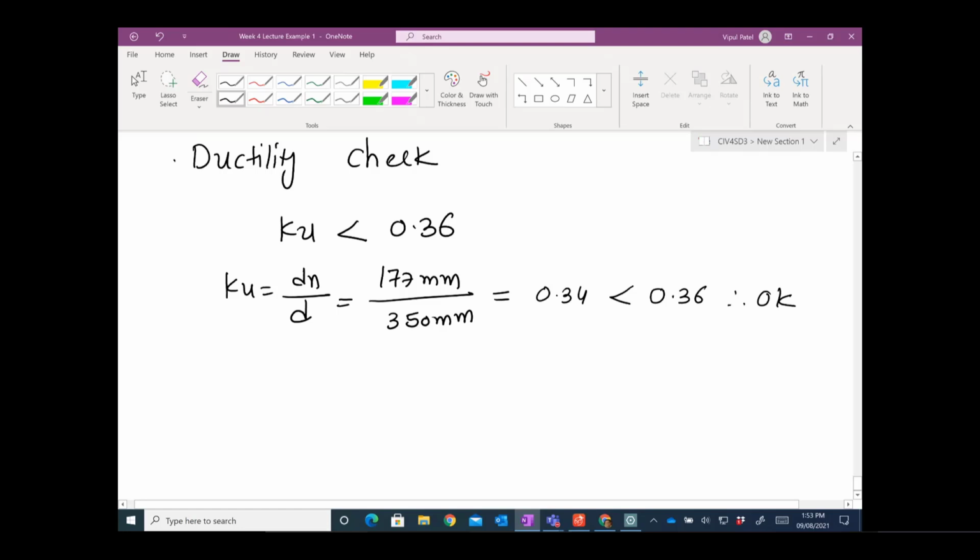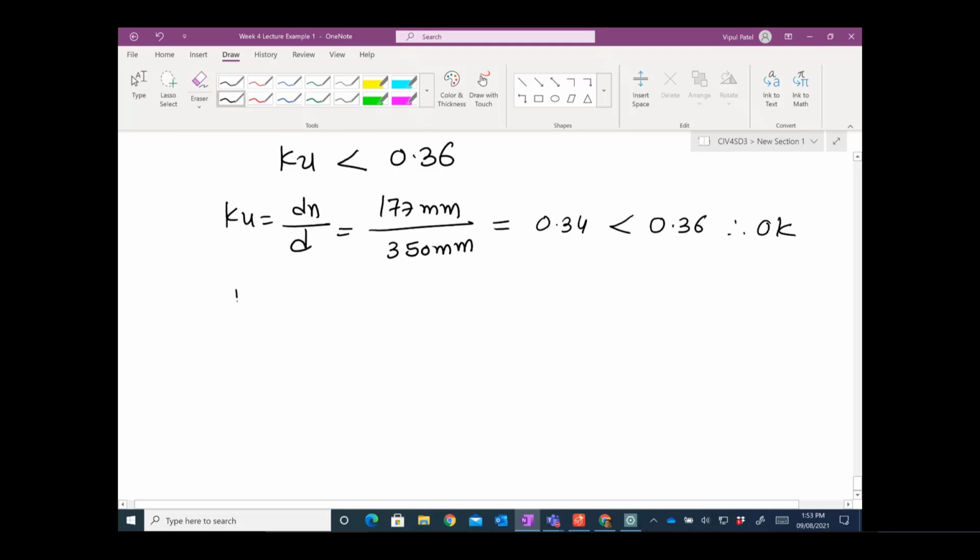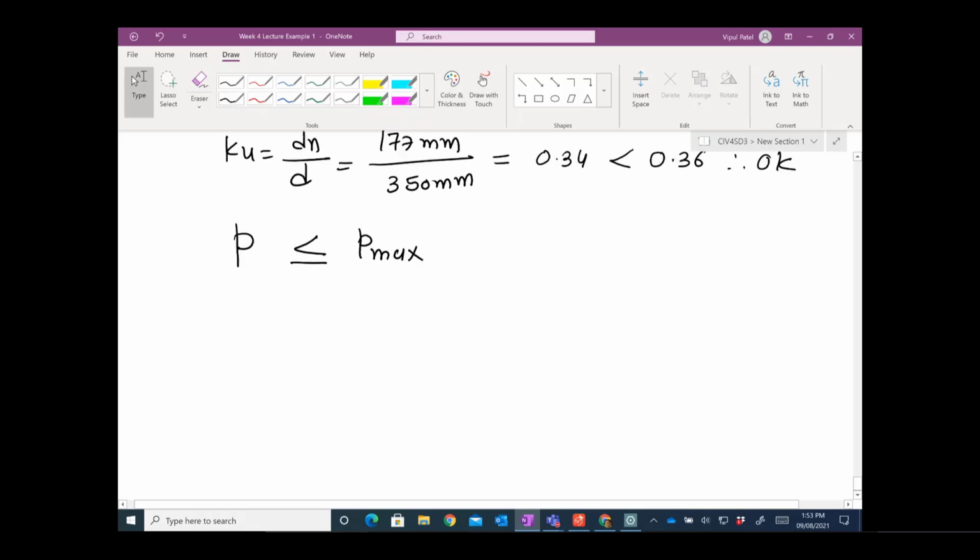We can also do the alternative checks for ductility. For ductility, the alternative check is that the reinforcement ratio should be less than or equal to the maximum reinforcement ratio. Now, how do we calculate the reinforcement ratio?